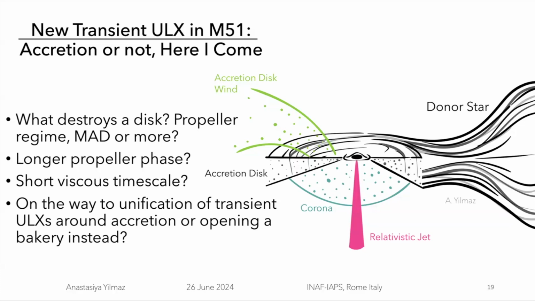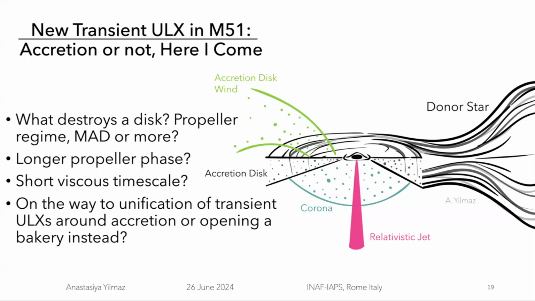But this is usually expected to happen with the presence of or the launching of a relativistic jet, which in our case we did not really see. One of the other things that we might also need to consider is the viscous timescale, which will tell how stable your accretion disk can be within a different timescale.